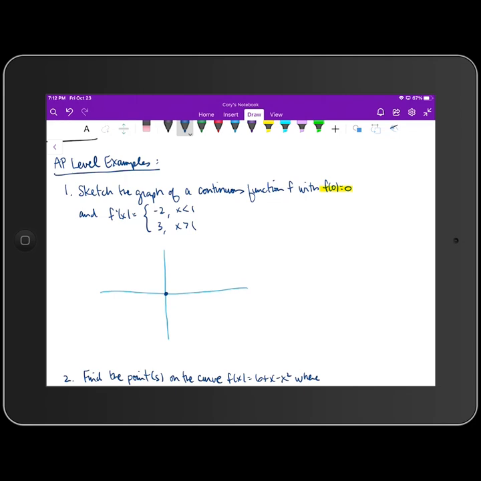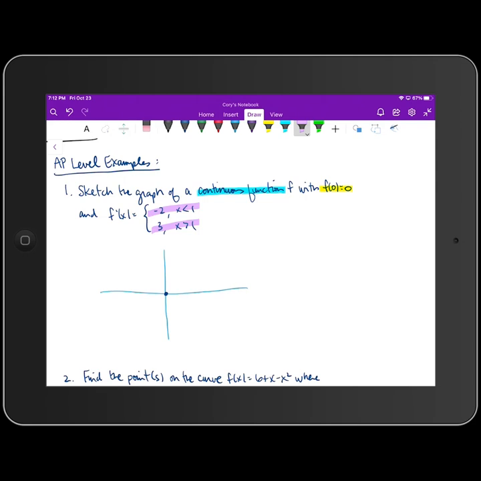Secondly, the function is continuous, and we'll talk about what that means momentarily. The third piece of information is f prime defined this way. f prime tells us the slope of our graph.